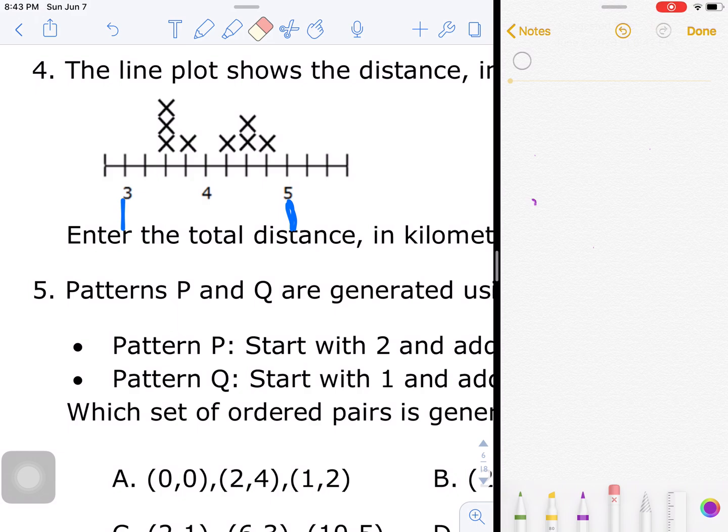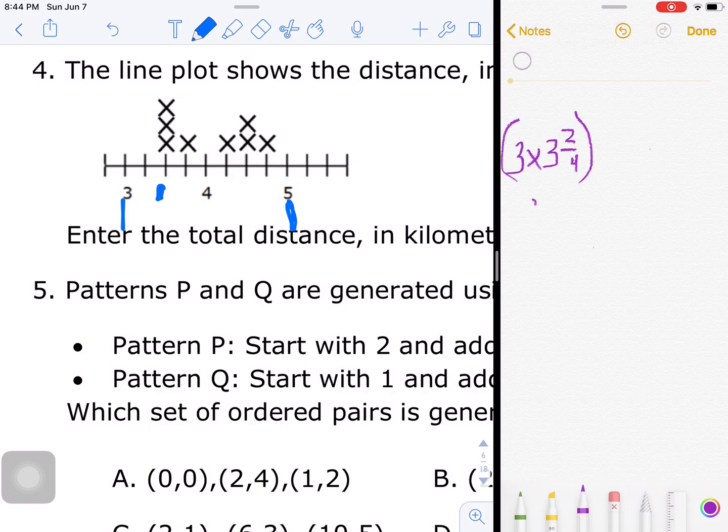And because I'm finding the total, the first thing I'm going to do is write out my expression. So this data point right here is 3.5 or 3 2/4. I'm going to write it in fourths because when I add all these up, I don't have to find a common denominator. So I have 3 copies of 3 2/4.